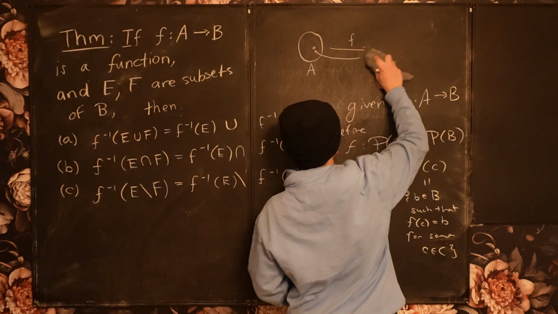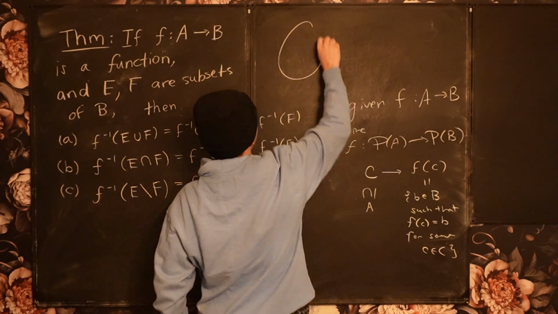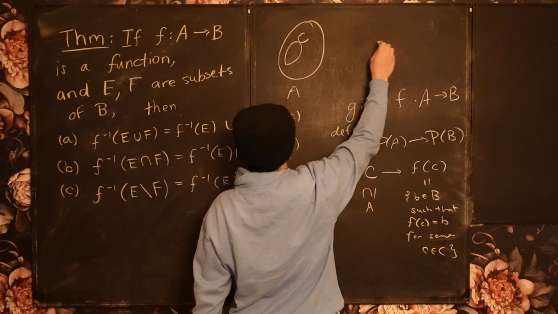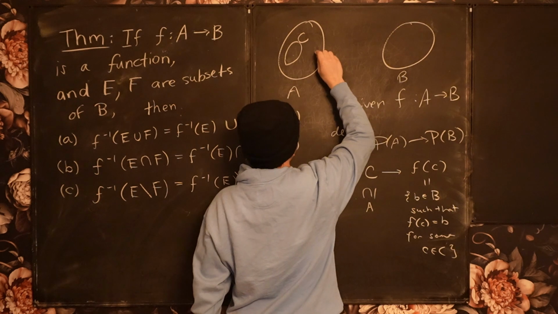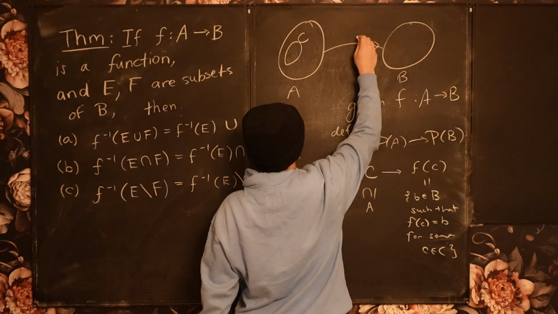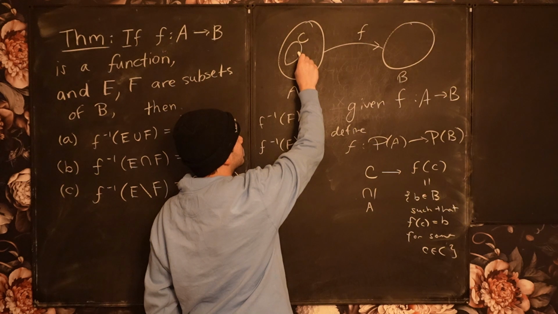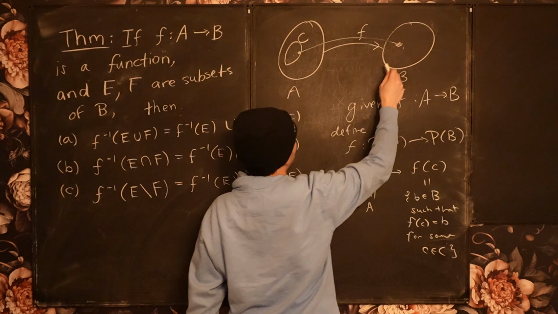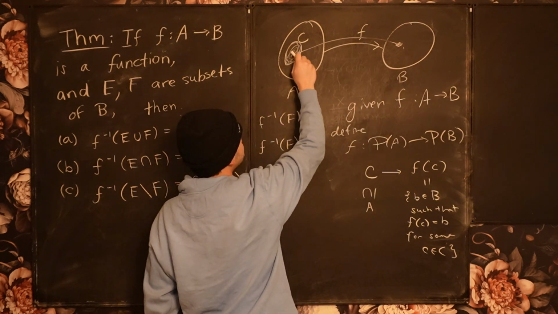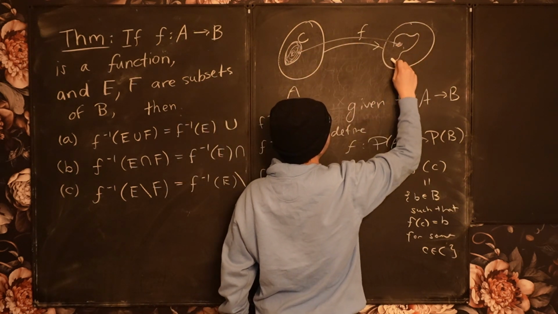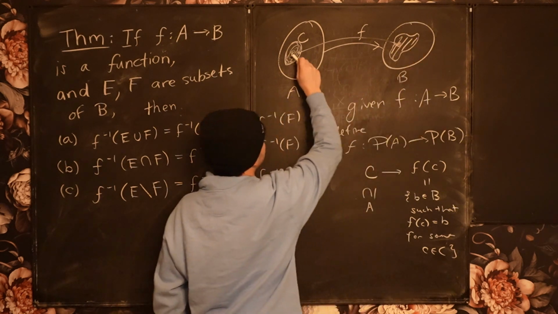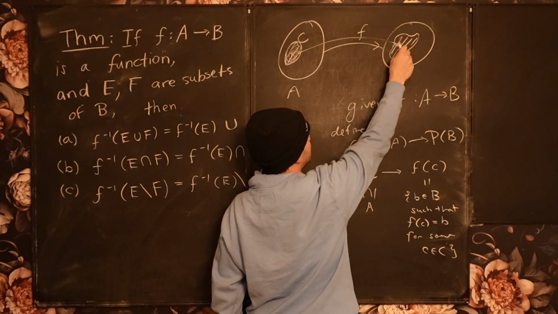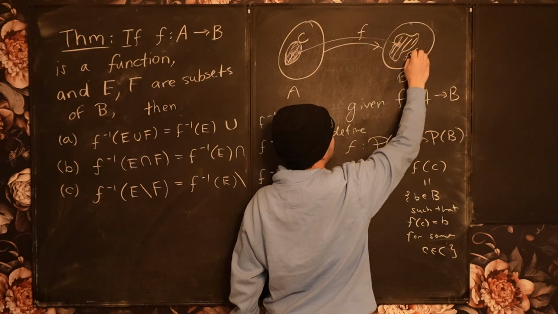So let's redraw the picture here. I have a set A, and then some smaller set C, and I have this mapping F from A into B, and F is going to take each point of C and map it to some point of B. So if I look at the entire set C, where that gets mapped by F, maybe that's some weird set over here, then all these points in the set C get mapped to this set, which we're calling F of C, okay?